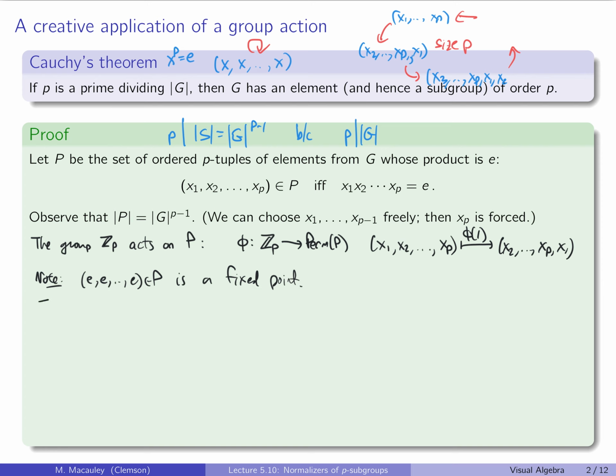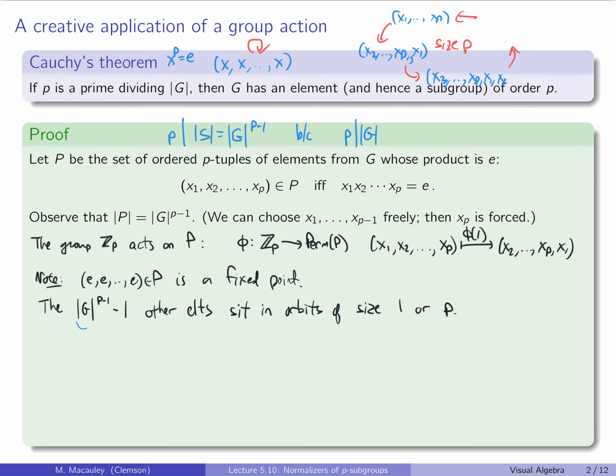And all the other p-tuples, the size of G to the p minus 1 other elements, sit in orbits of size 1 or p.